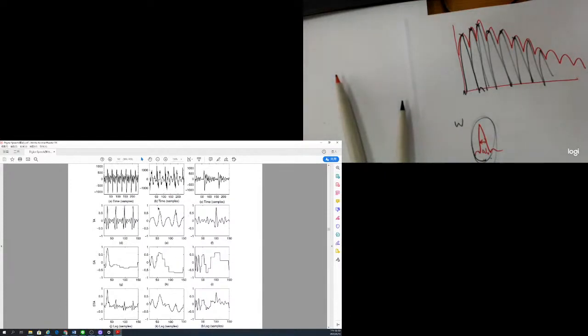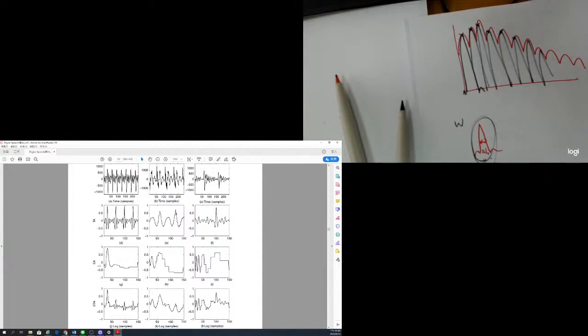Then for 59, you can see we find two winners, almost two winners. If the pitch is long, like 100, with the temporal autocorrelation method in the time domain, we only find one winner.